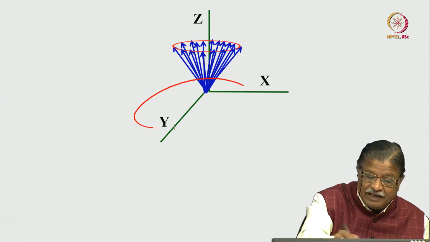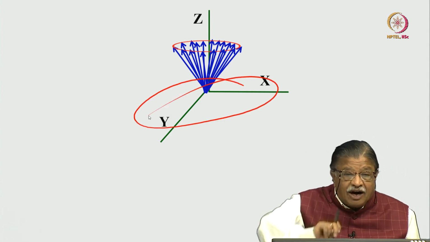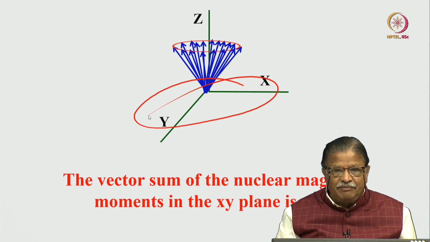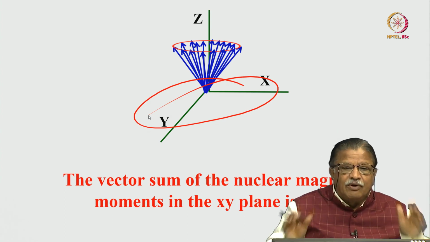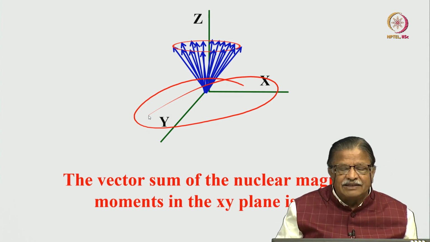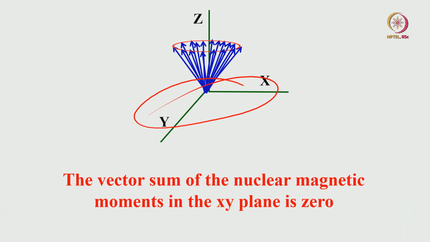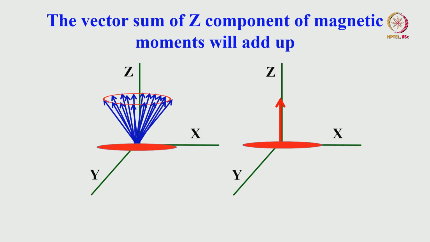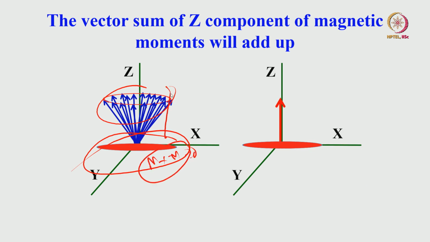In the xy plane they are averaged to 0, but not along the z axis, where they are in the same direction. The vector sum of the nuclear magnetic moments along the z axis will be added up. Only in the xy plane it is 0. So when all the magnetization is added up, in the xy plane it is 0, no magnetization; mu x and mu y are 0, whereas along z everything is there.